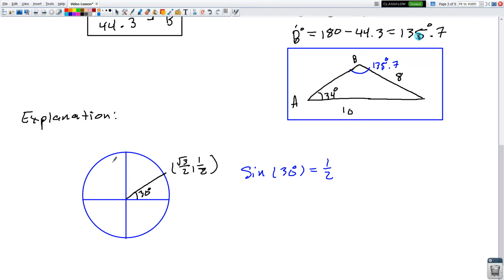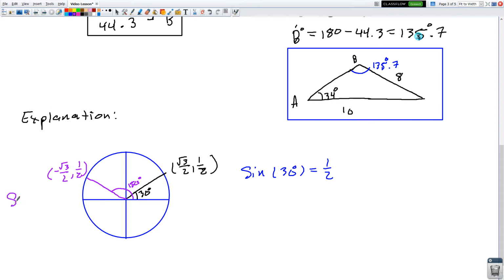But notice that in this unit circle, there's also another angle that if you take the sine of it, it's equal to 1/2 as well. Let me do it in different colors so we can differentiate. Imagine that we have an angle of 150 degrees, where we have the coordinate point of negative square root of 3 over 2 and 1/2.